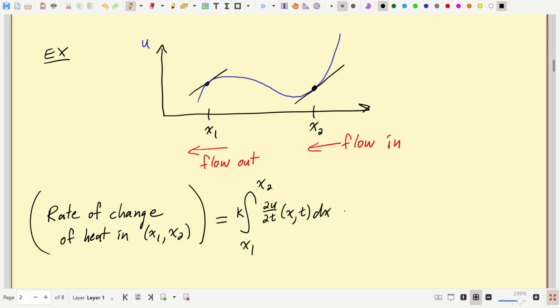And that's also equal to, okay, so heat doesn't go anywhere. The only way that heat is changing is either flowing in or out at the left or the right. That's the only thing that's changing the amount of heat content in that interval. So, the one on the right is a constant times the temperature gradient, which is just the derivative of the temperature at x2, t.